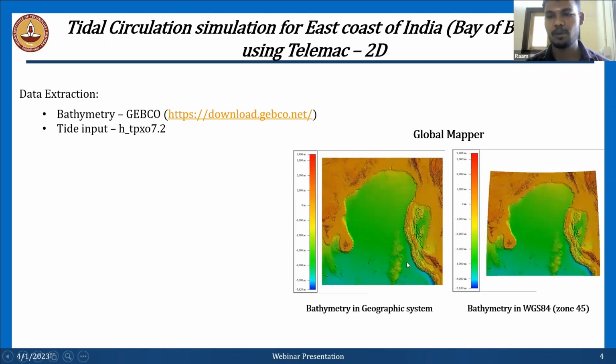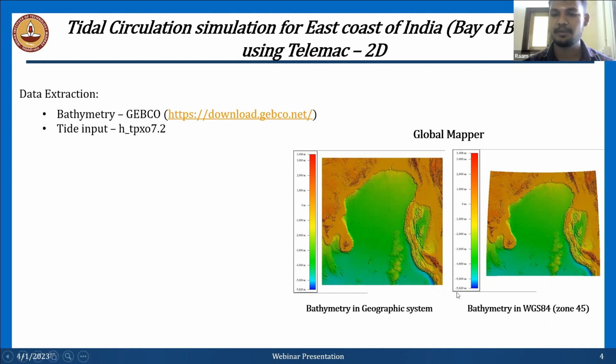This is an image of Global Mapper. In this, after getting the bathymetry from the JEPCO, we have to convert the geographical projection system. Usually Telemac 2D will accept the WGS84 projection system. There are various types of projection systems, which are more related to GIS and remote sensing people.